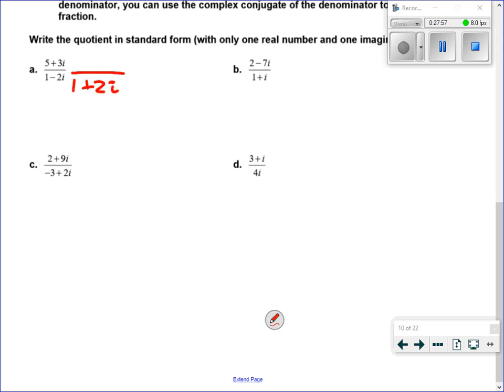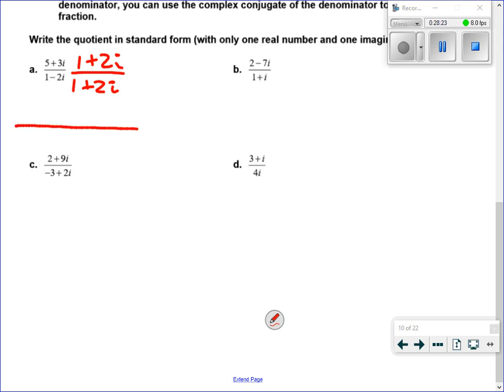So remember, I don't want to totally change the expression I'm given. I need to be multiplying by 1. So I also have to be multiplying by 1 plus 2i in my numerator. Same thing in my numerator and denominator, that gives me 1.